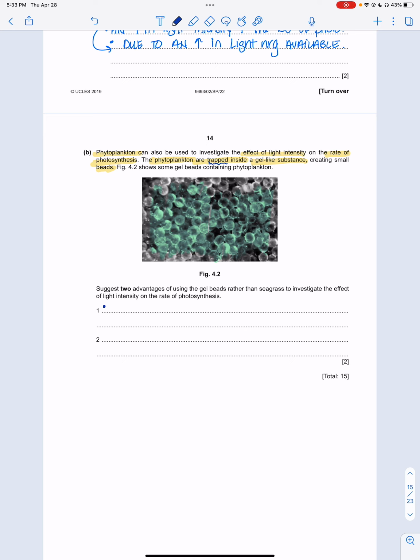You don't have to go into a natural habitat to get it, so it's easier to obtain samples of the organism.